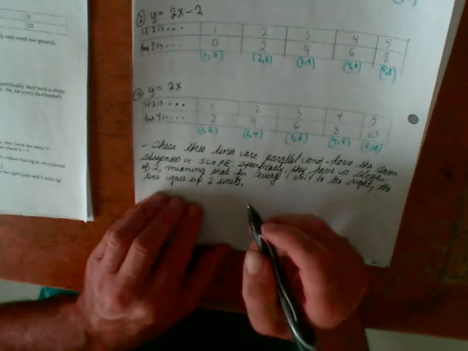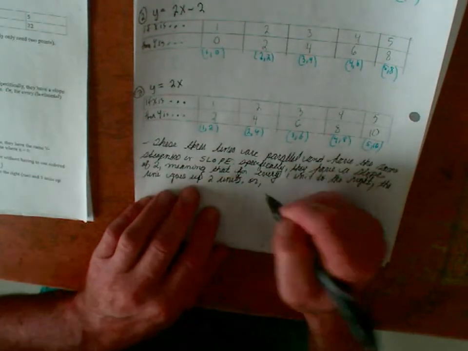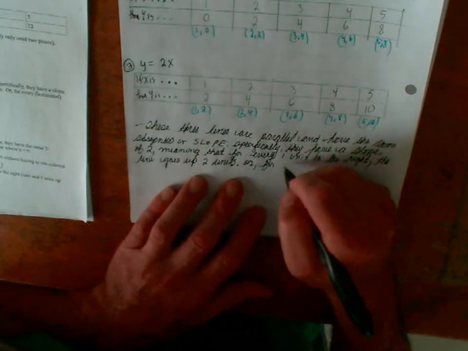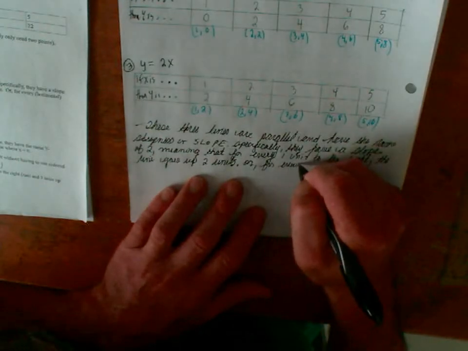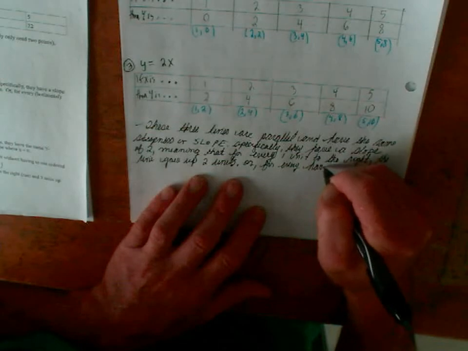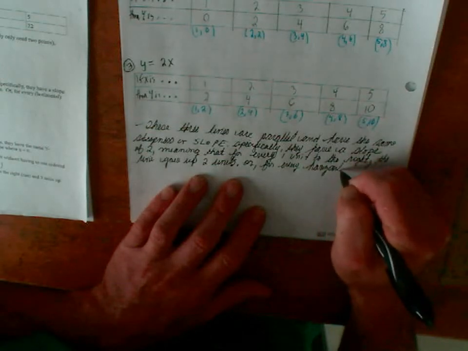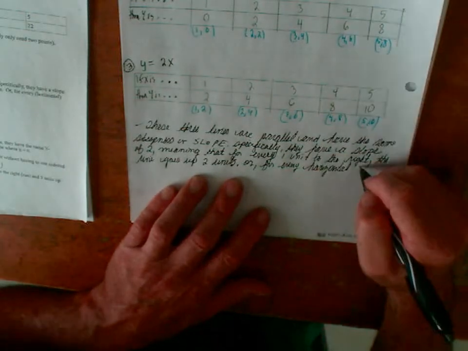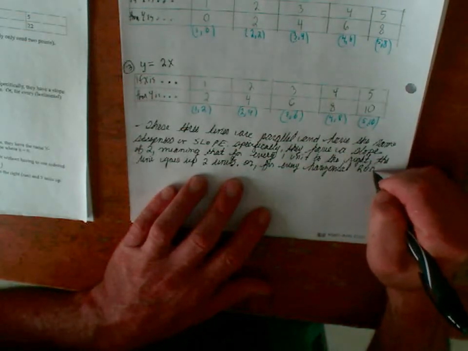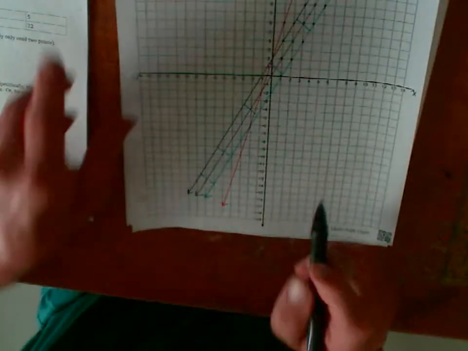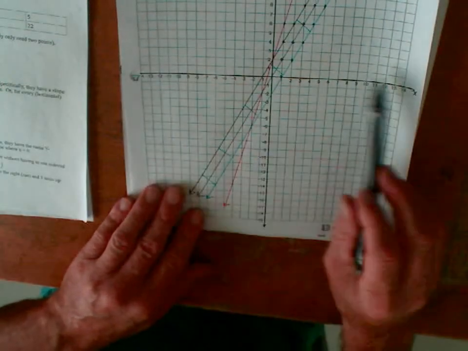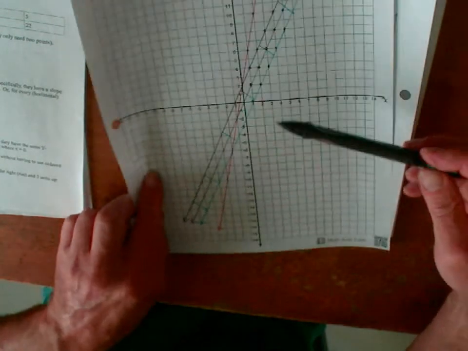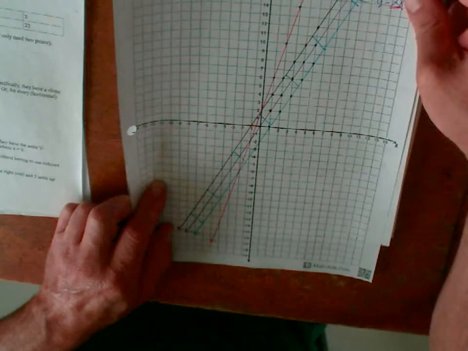Another way to look at it, next sentence, or comma, for every horizontal, I'm going to use the word run here. When I use the word run, that means we're going from left to right. And rise is going to be the next word, either going up or down.